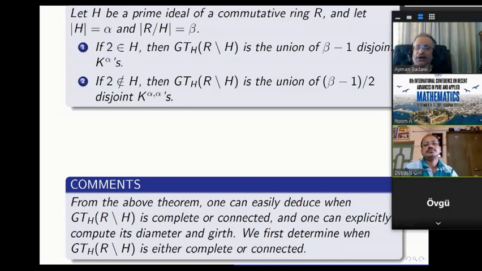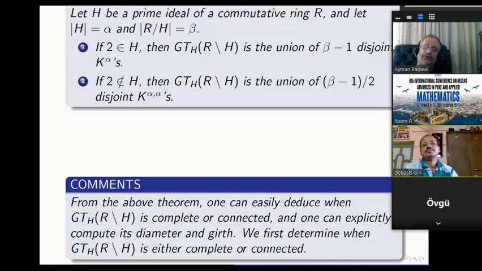Then the generalized total graph will be the union of beta minus 1 over 2 disjoint complete bipartite graphs.